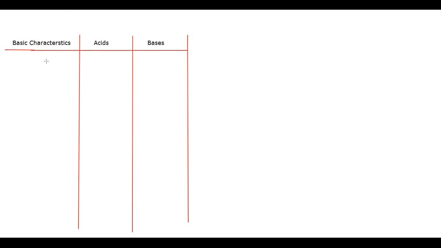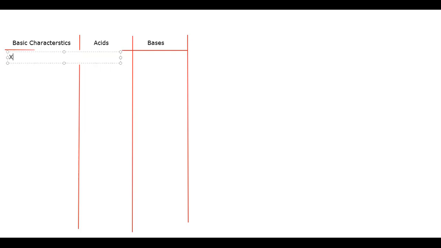Number one, when we talk about acids and bases, with respect to one thing which is called release of hydrogen and hydroxide ion. Now for that reason, I'm going to make one relation.